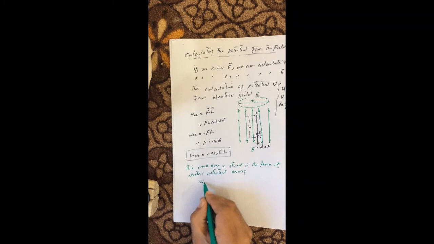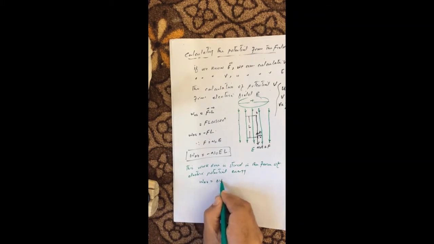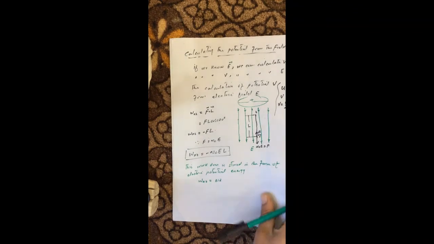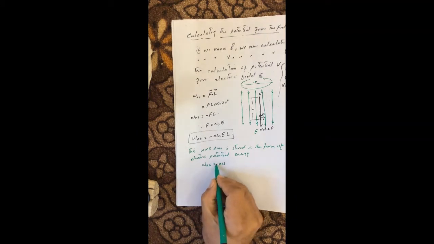That is, the work done in moving a charge from A to B is equal to the change in potential energy, delta U. But there is a negative sign also.